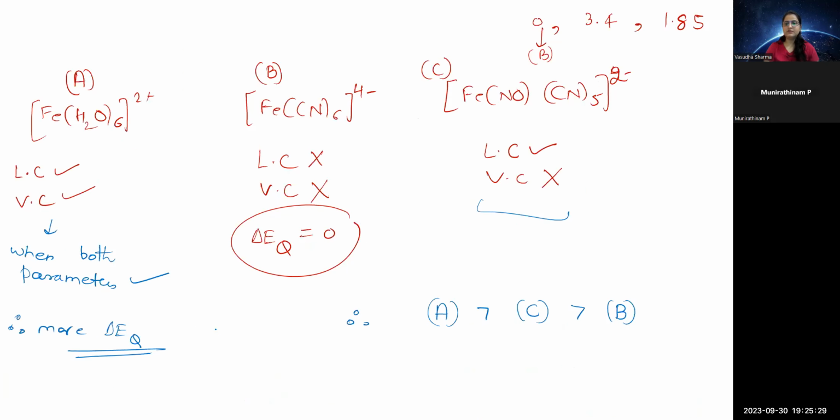In the third case, we did not have Jahn-Teller distortion, but still there was lattice contribution as the ligands are different. When ligands are different, that time also it will give you contribution from the lattice, or if it is coming from any kind of distortion, that will also contribute as a lattice. So is that clear now? Clear, ma'am. Okay. So now this A can be given a value of 3.4. This can be given a value of 1.85 and B is 0 because there is no splitting.